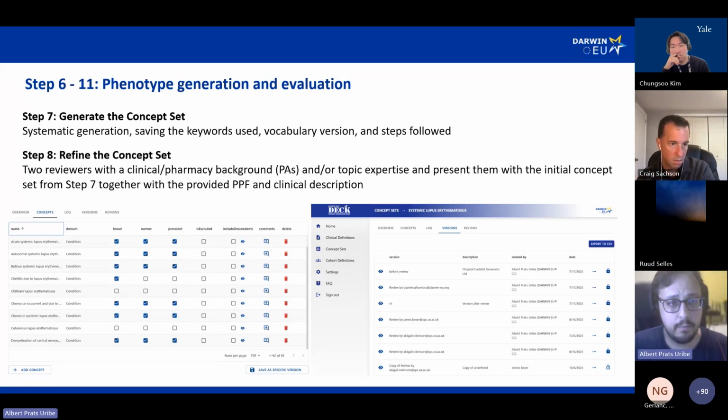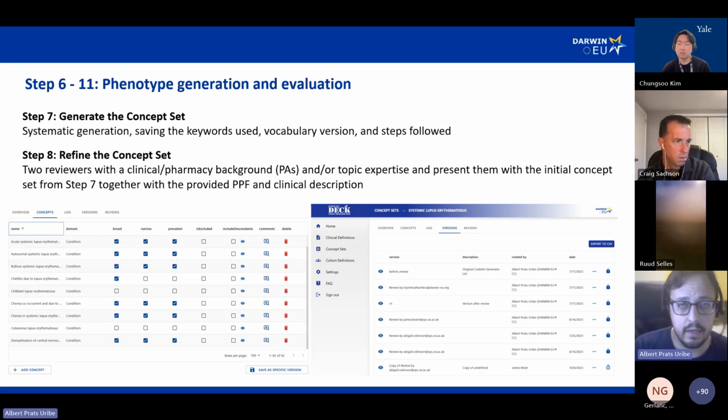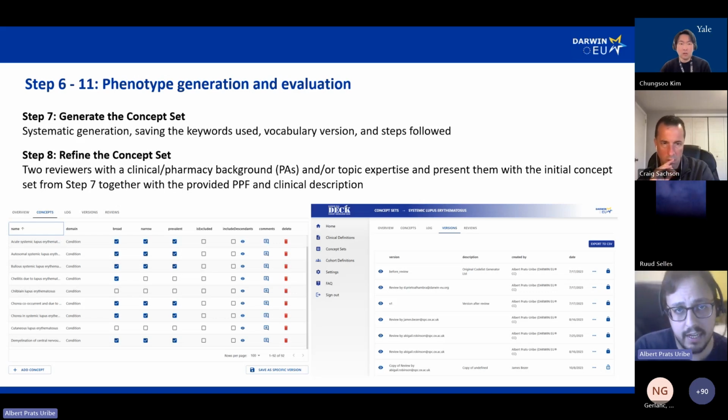We also store the vocabulary version and every step that we follow. Then this concept set is turned into the whole list of codes, and this is reviewed by someone with a clinical background or an expert, usually 2 people, and then a third to decide on the ties.